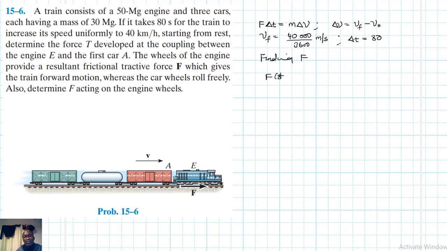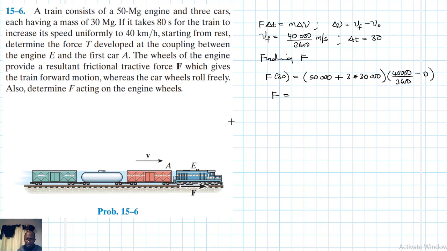So F times 80 is equal to the mass, which is 50,000 kg plus 3 times 30,000 kg, then times delta v, which is 40,000 divided by 3,600 minus v naught. Then we calculate what F is.